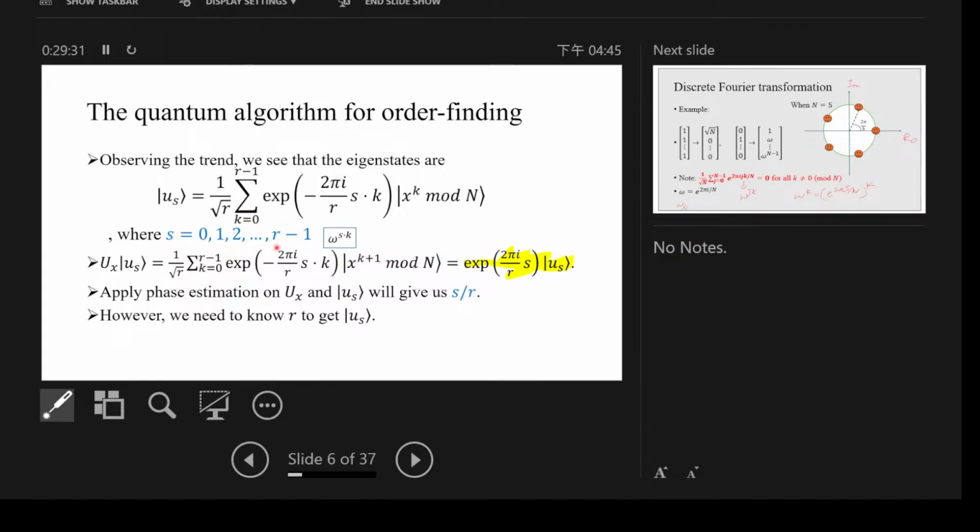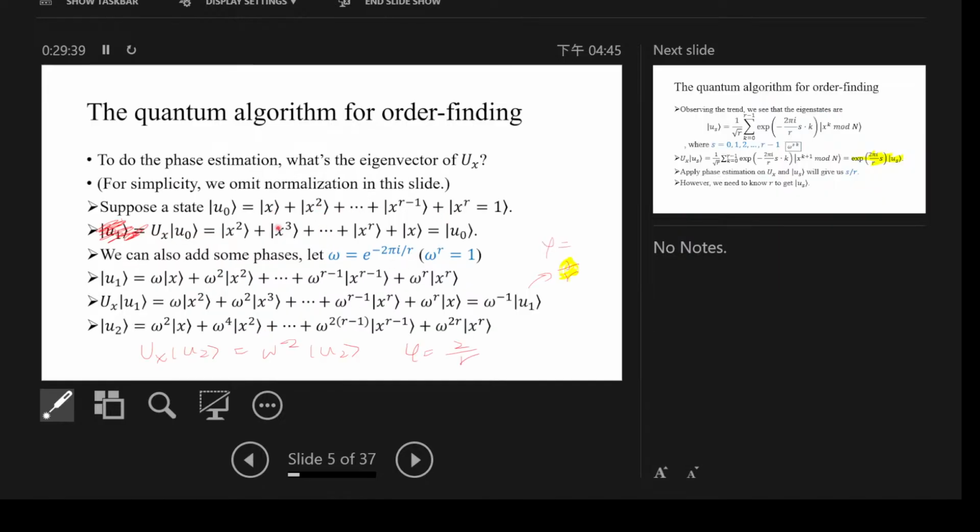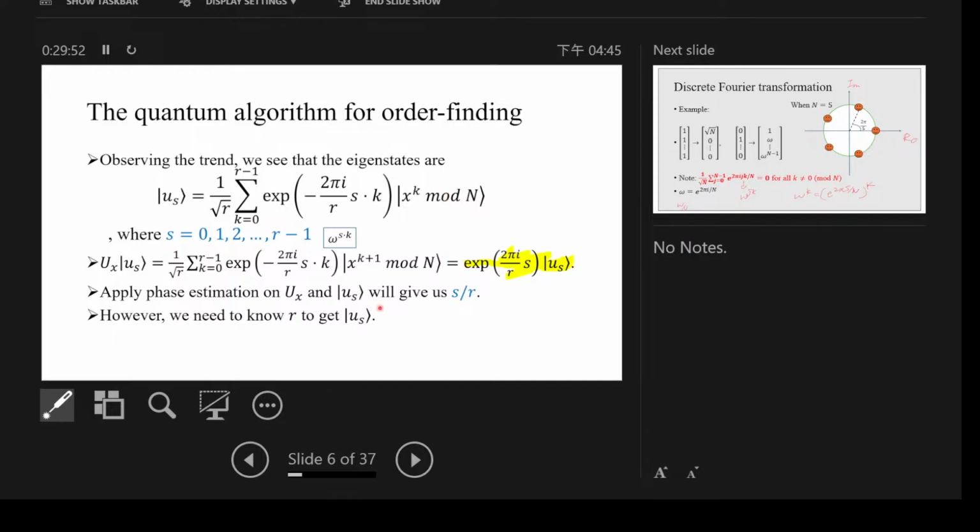Maybe we can construct the eigenvector, but basically if you want to construct Us, you need to know r. You need to know all those. So intuitively, you want to know all those things, and then create a superposition of them. But you already know all those things, you probably already know r. So creating Us is probably not going to work.